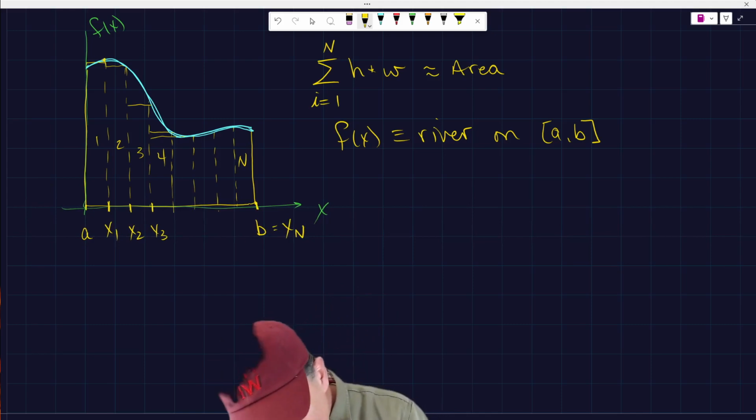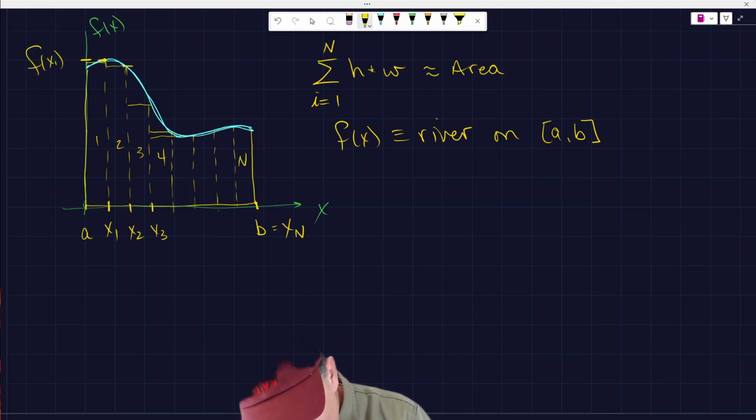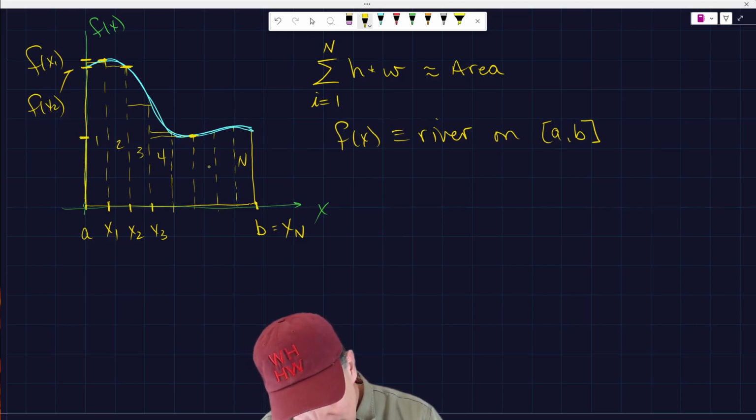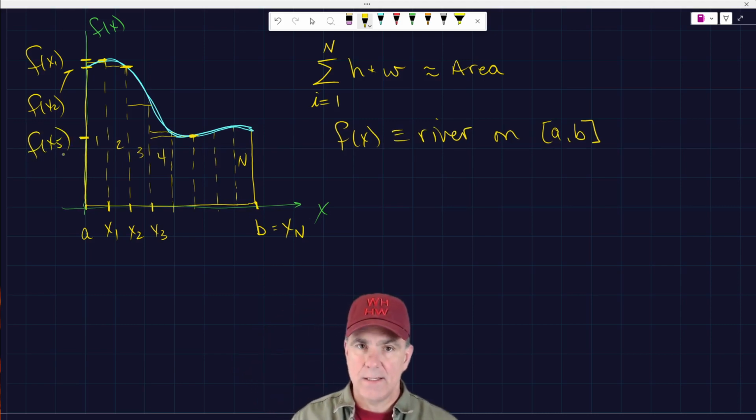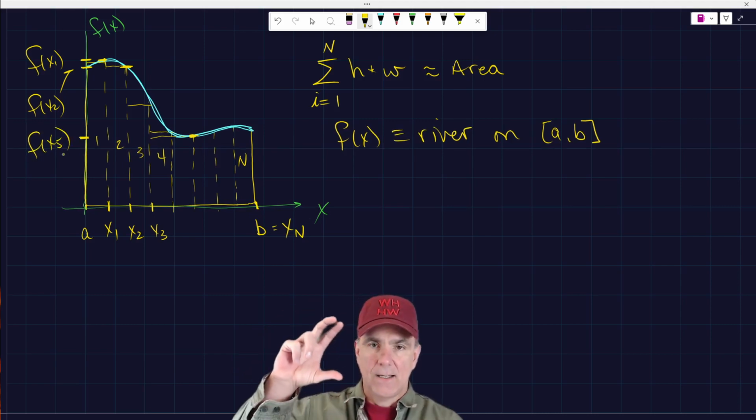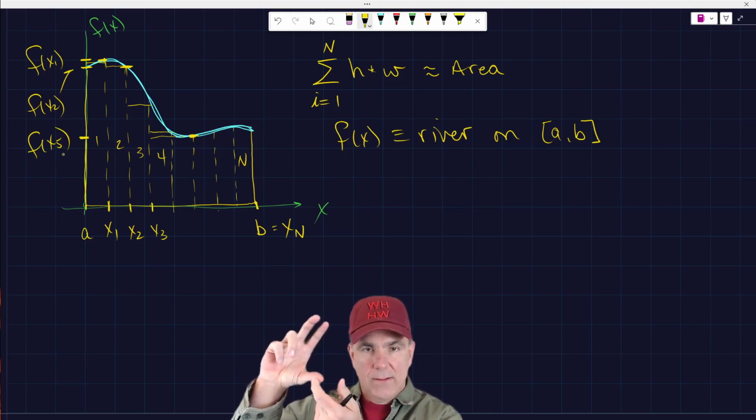And at each one of these I have a height, and that height is f of x1, and then I have a height here, that height is f of x2, etc., until I have a height over here. That height right there, this distance here, is f of x5. Every one of these is a height times this width.